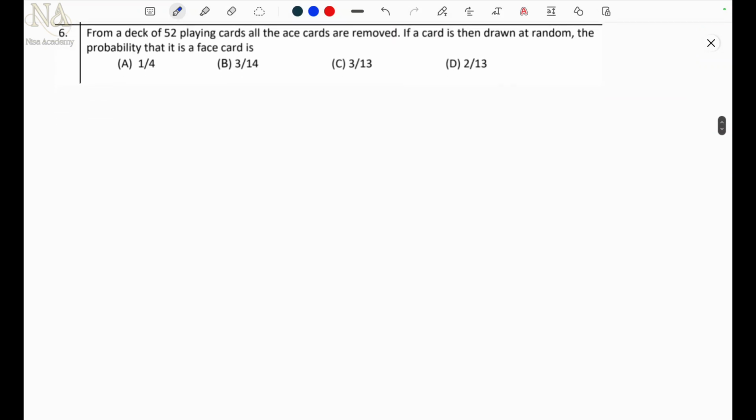From a deck of 52 playing cards, all the ace cards are removed. If a card is then drawn at random, the probability that it is a face card is... Now, you know the distribution of playing cards, right? In 52 playing cards, there are 26 red cards and 26 black cards.